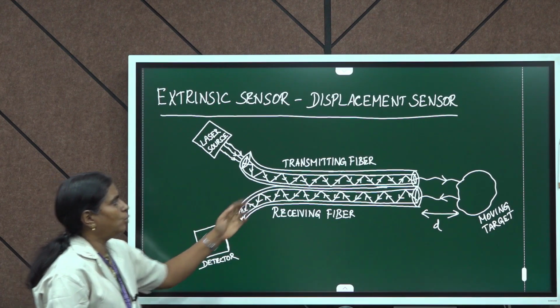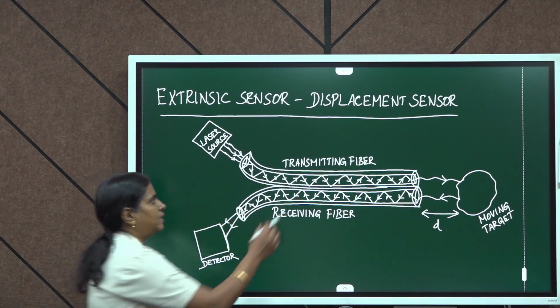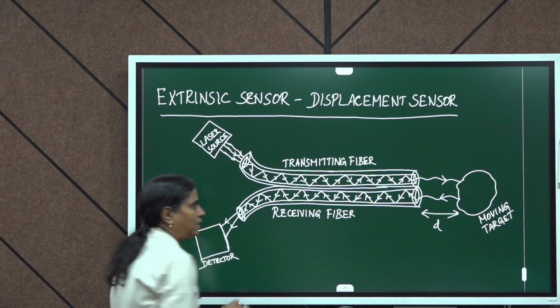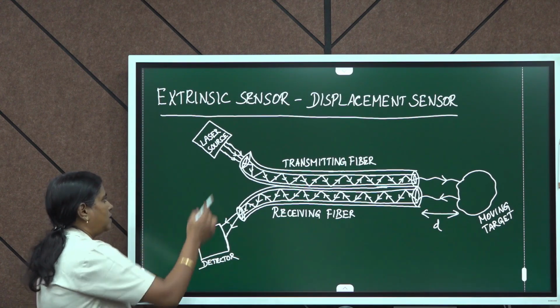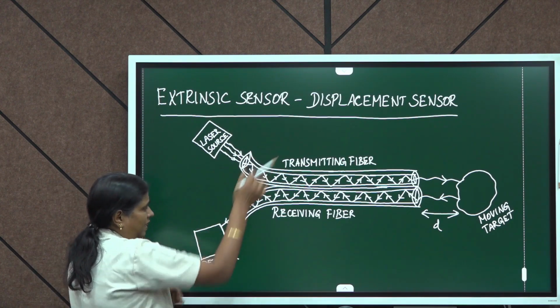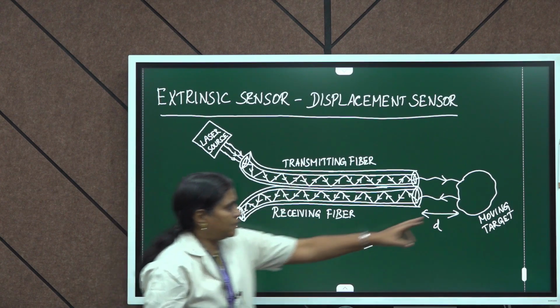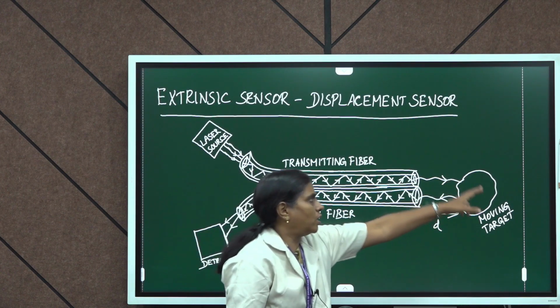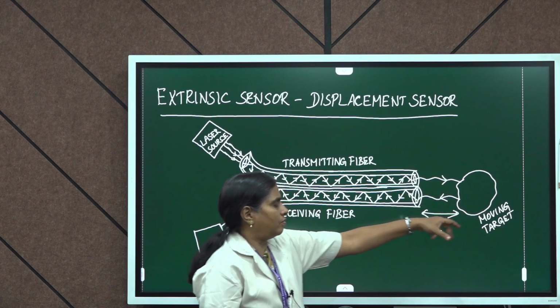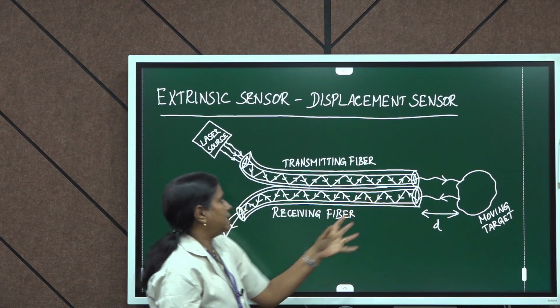Here also there are two types of fibers used, one the transmitting fiber and the other the receiving fiber. Here the laser source is this, the sensor is a displacement sensor, and this is the object. I have to measure the displacement of this object using this sensor.